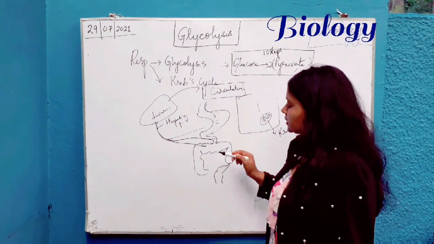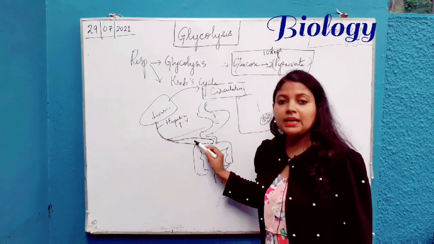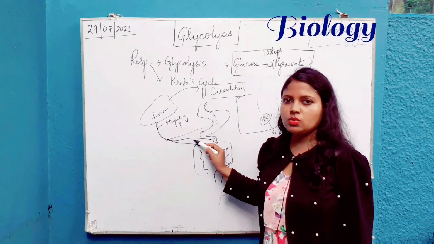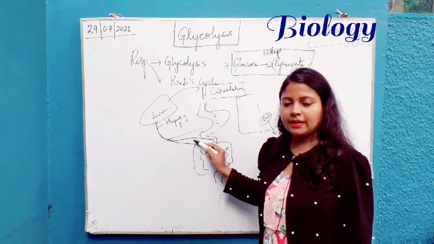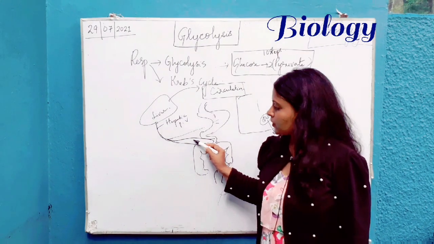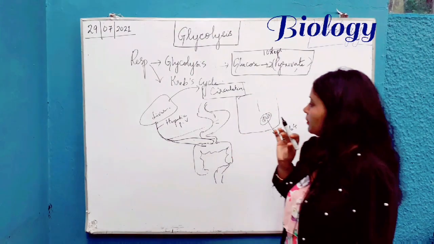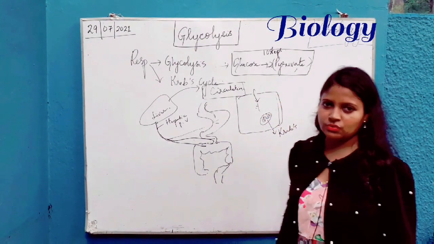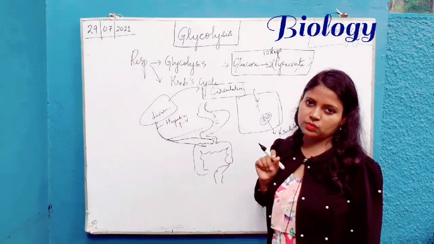So when the blood enters the liver through the hepatic portal vein, the blood containing glucose, this glucose needs to be broken down for the entire respiration of the cells. So the main thing is, how will the cell get the glucose? The question is how the cell will get the glucose.